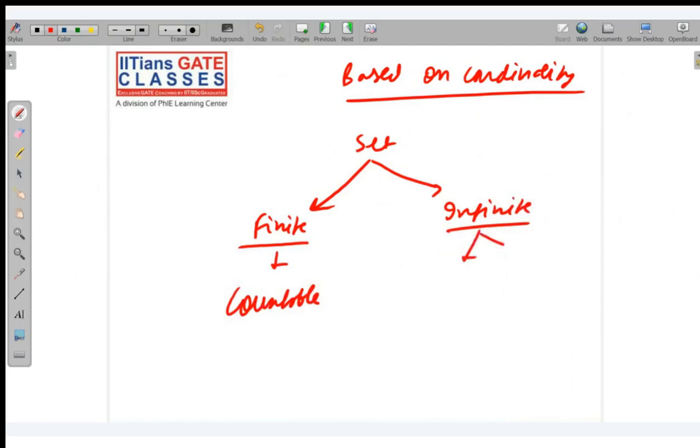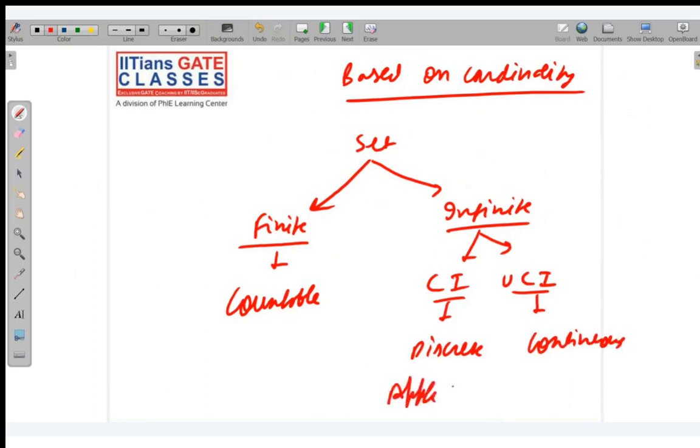And infinite sets are of two types, countably infinite and uncountably infinite. Countably infinite means they are discrete, like apples on the table. Uncountably infinite means they are continuous, like water on the table. Apple on table, water on table: example, analogy, just to remember the things.